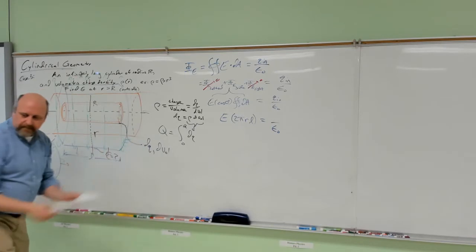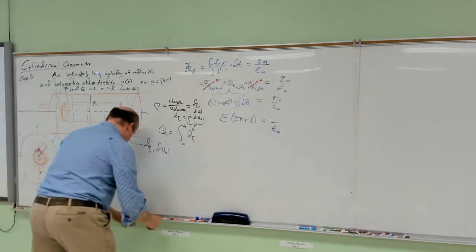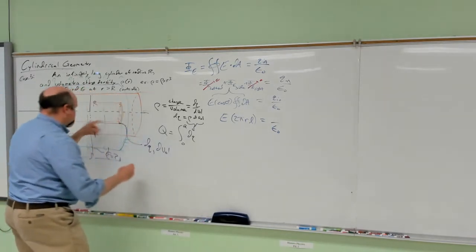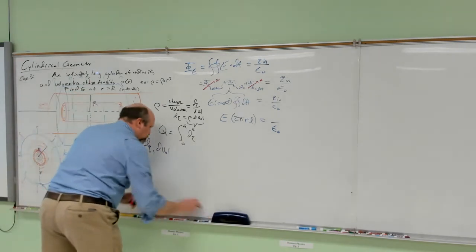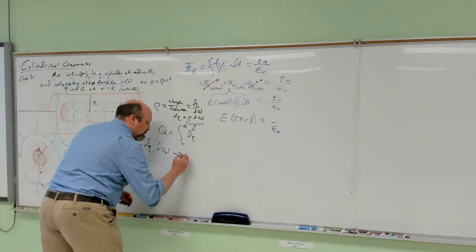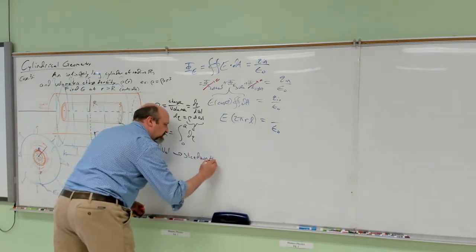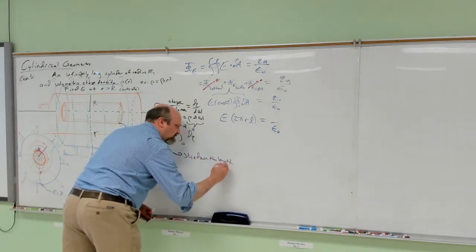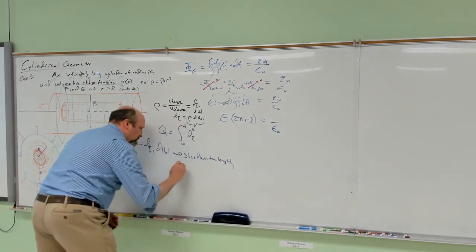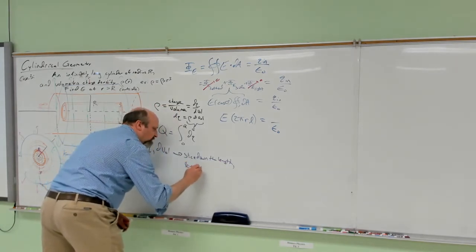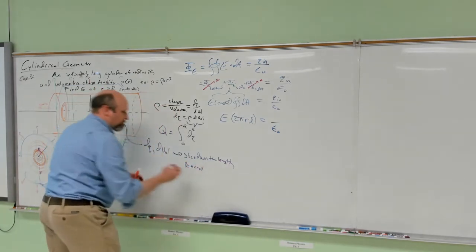What have we got now? Slice down the length of the cylinder and unroll it. What have we got?